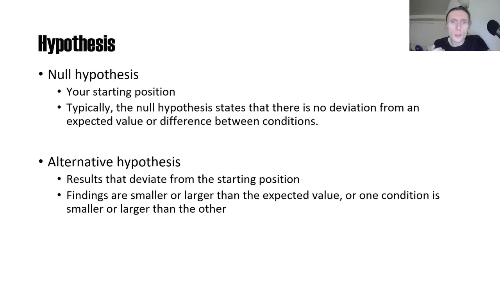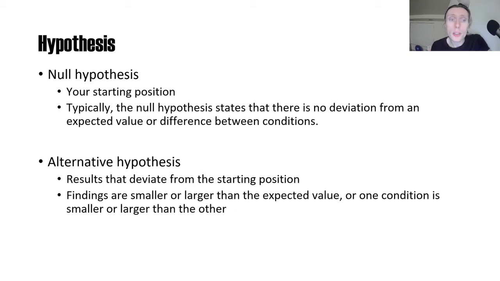The starting point is always that you start when there is no deviation, or you expect no deviation from the start. So for example, a null hypothesis about that would be the real medication group doesn't score any higher than the placebo group. Or height has no effect on IQ score. That would be another example of a null hypothesis.